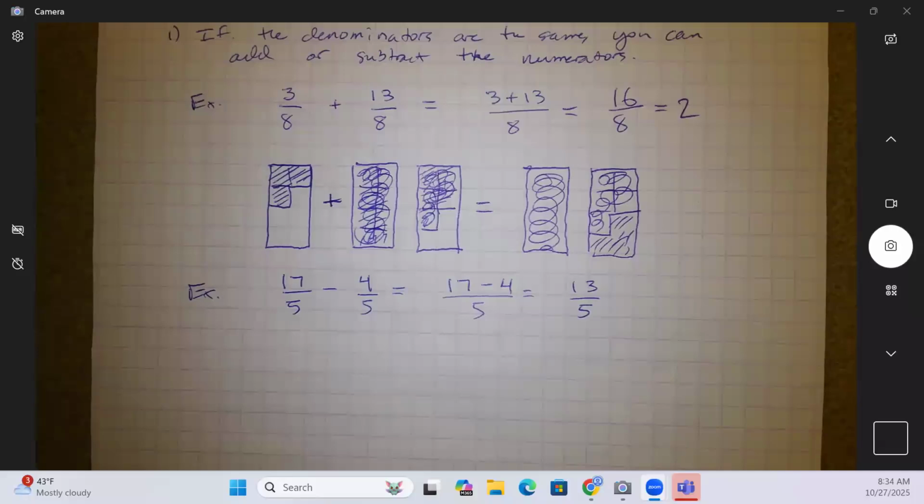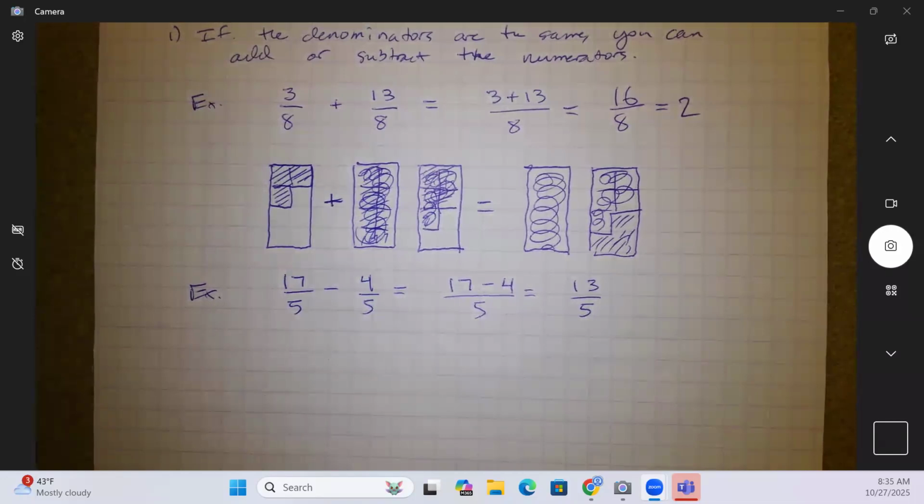Of course, this counts on me doing my arithmetic correct. So if I do my arithmetic wrong, please catch me. I was already doubting myself that 17 minus 4 equals 13, but I figured I'd go for it. So yeah, I might do my arithmetic wrong in this section. Okay. So that's if the denominators are the same.